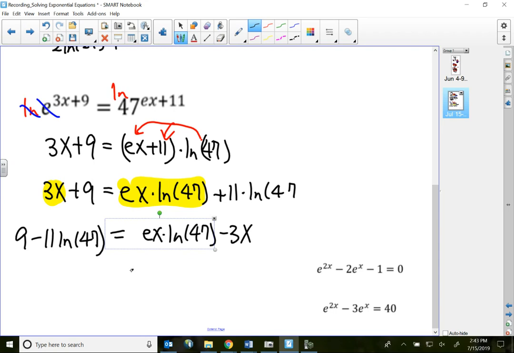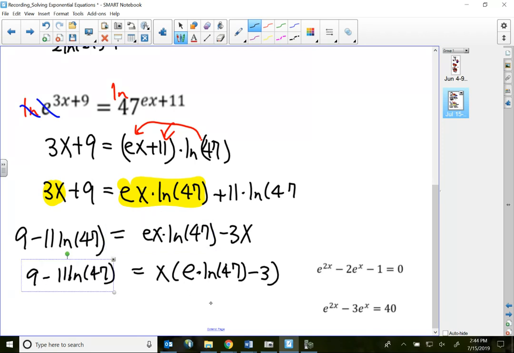Now factor out the x between these two terms. That will give me x times (e times natural log of 47 minus 3).